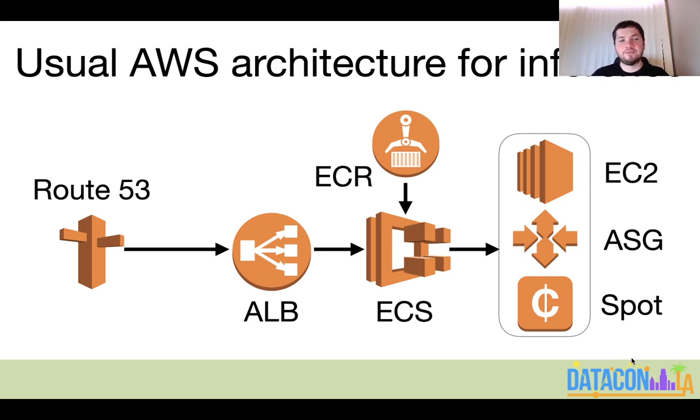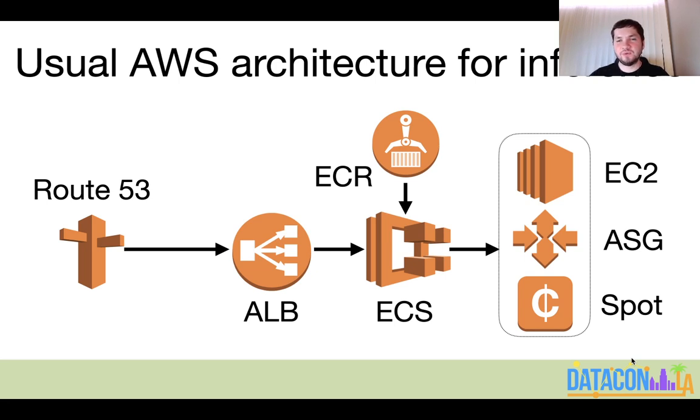We would have Route 53 for DNS, a load balancer for serving requests to different VMs, ECS for handling our instances, an auto-scaling group in case we want to scale our cluster, and ECR for storing our Docker image. So as you can see, it can be pretty complex.